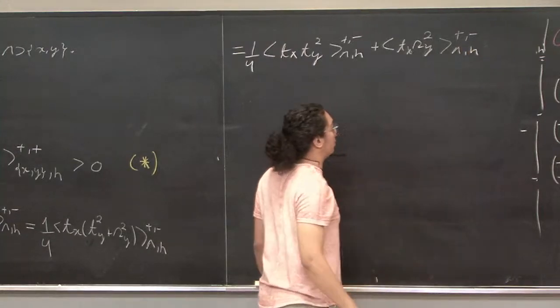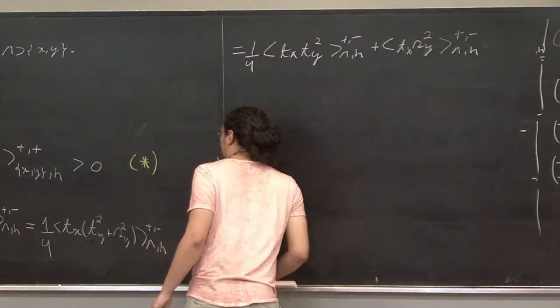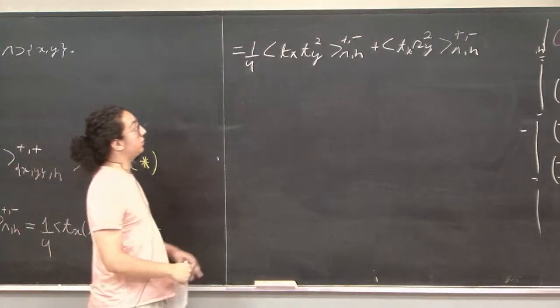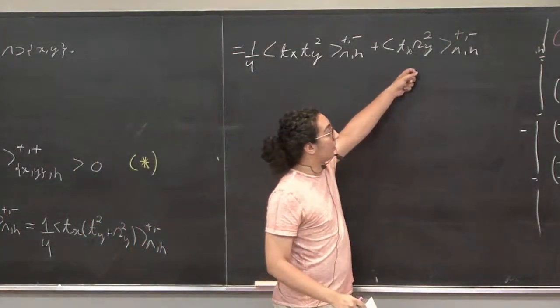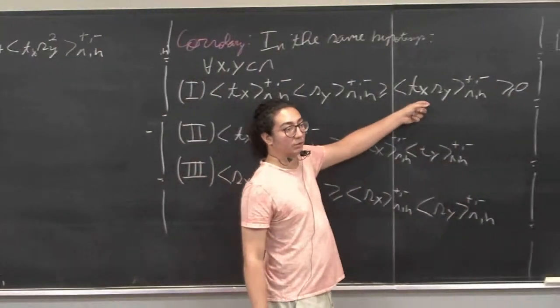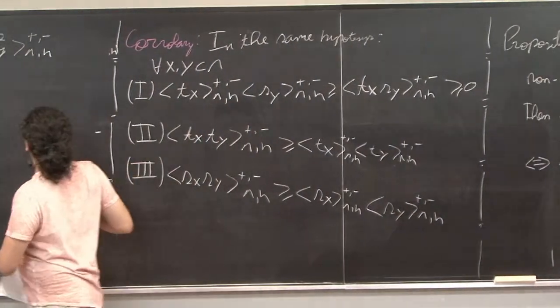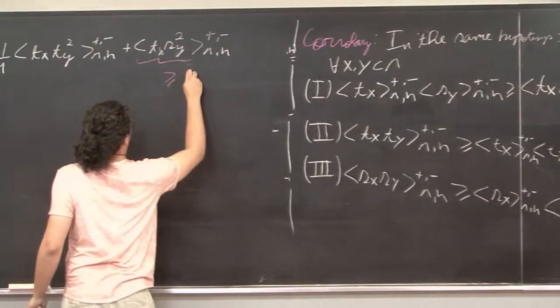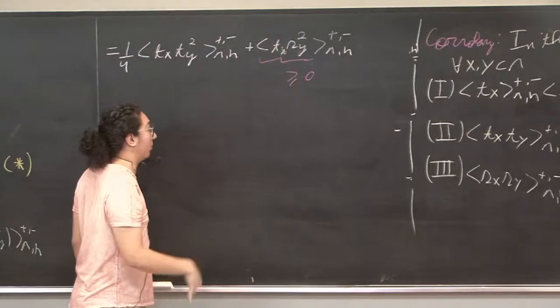Okay, so let's see. By the first inequality, we know that things of this form are always positive, right? So this is always positive. I'm just gonna lower bound it by 0.